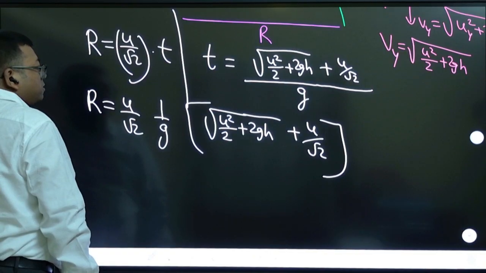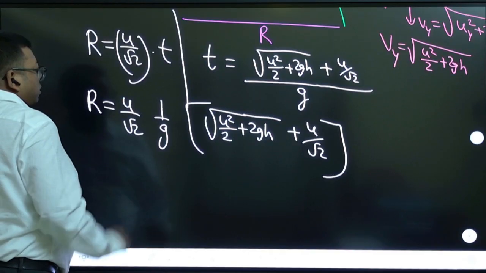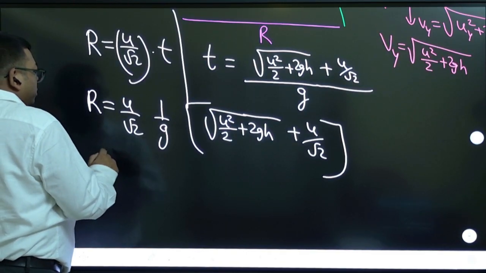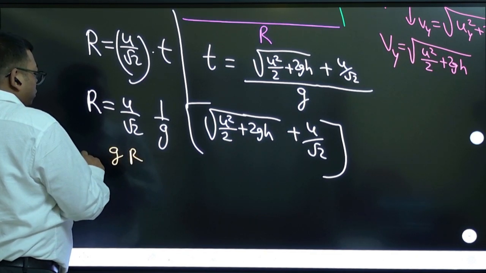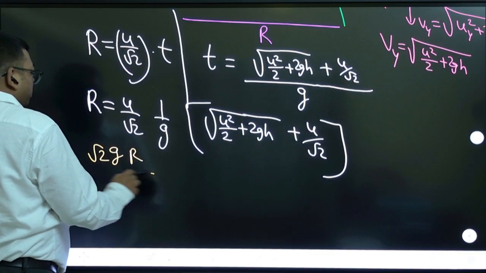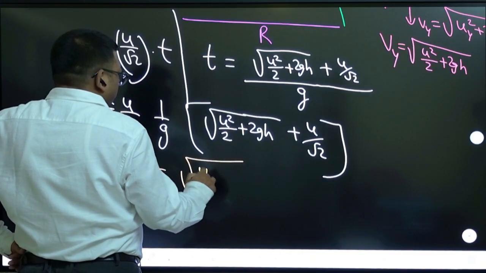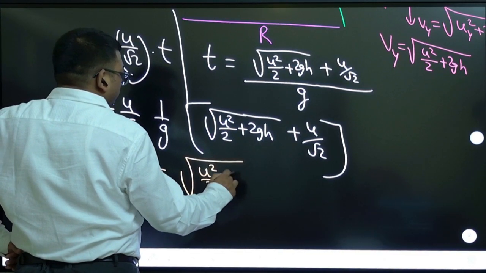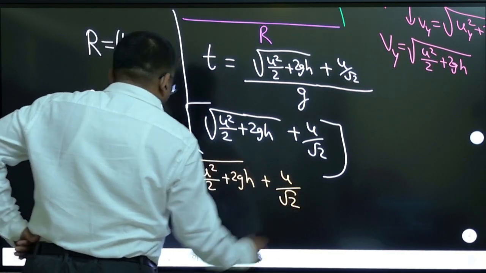You can take common. How to eliminate it? Let us bring everything inside. So this becomes root 2 gr by u, and this becomes root under u square by 2 plus 2gh plus u by root 2. Okay.